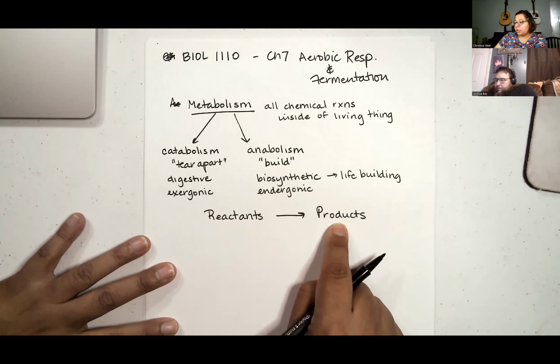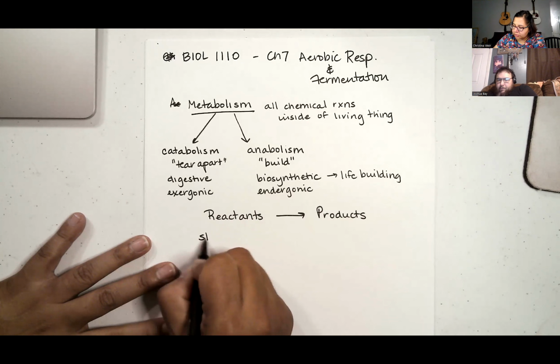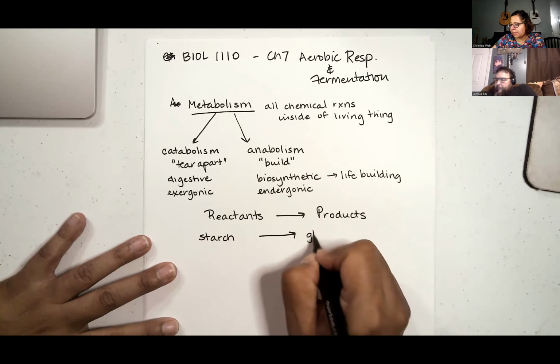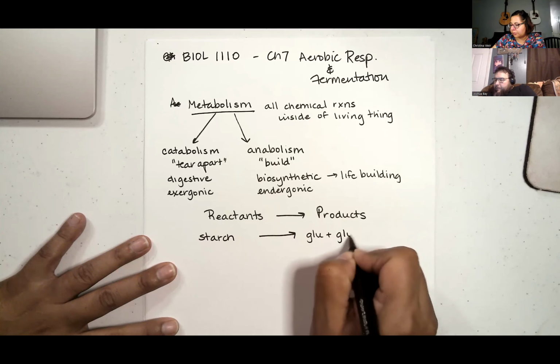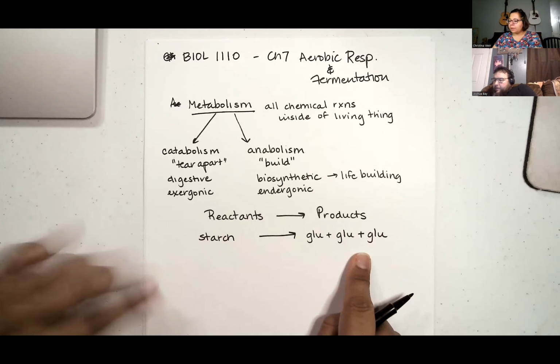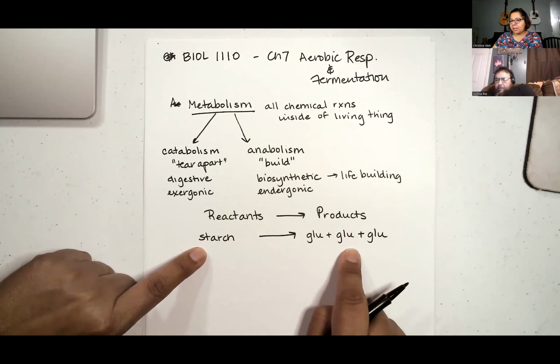The stuff that you produce is called your products. So for example, if we talk about the digestion of starch, starch can be broken down into many individual glucose molecules. So in this type of reaction, starch is the reactant, and the products are many, many glucose molecules.